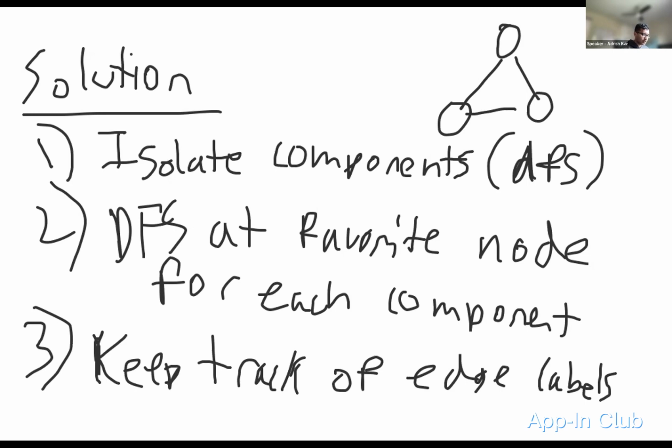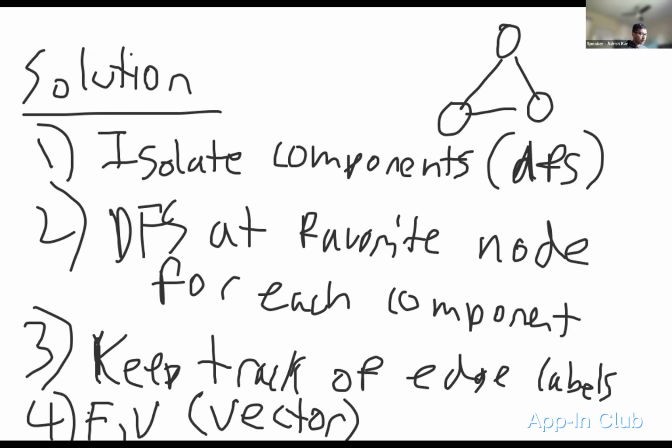We can push this to a vector or something. And while you're doing this, you can calculate the number of edges and the number of vertices in the component. And at the end, you just concatenate all of the subsequences, all of the edge labels, into one large string, and you output the permutation.